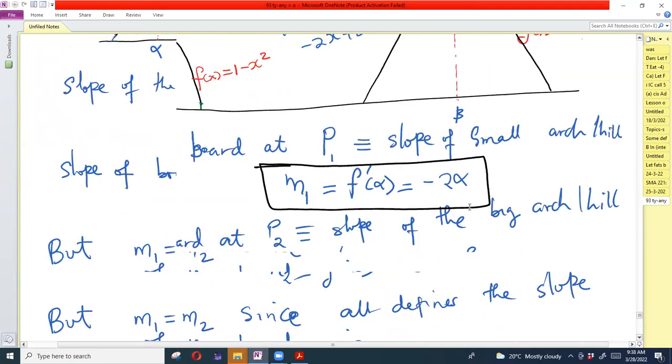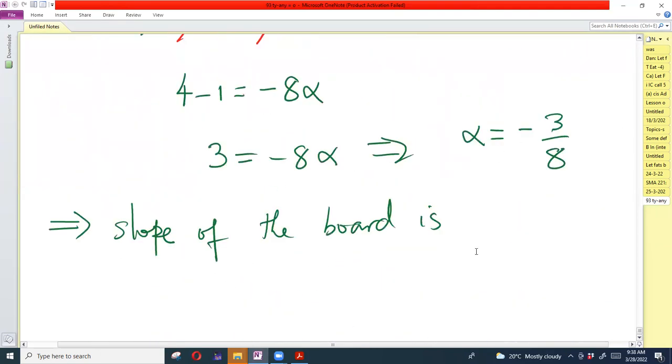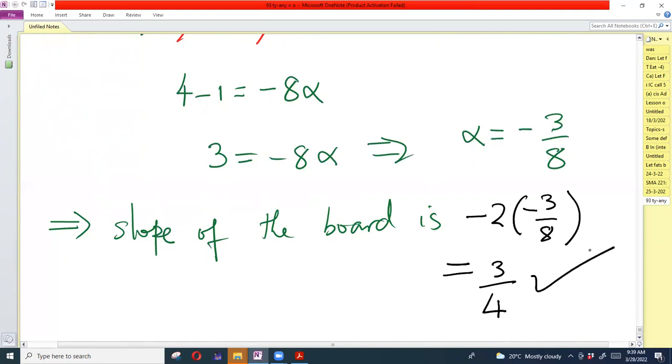So just minus 2 times the value of alpha. So it'd be minus 2 times minus 3/8. And this gives us 3/4 as the slope of the board. So that's how we solve that problem. Thank you.